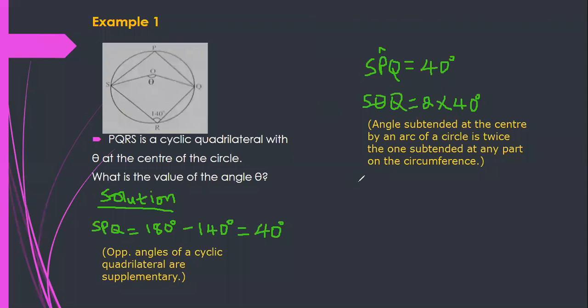Let me just write it here: angle S theta Q is equal to 80 degrees. So we found SPQ first, and after getting that, we can find S theta Q using the circle theorems.